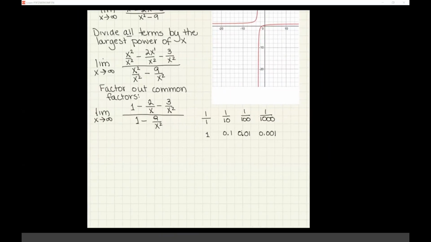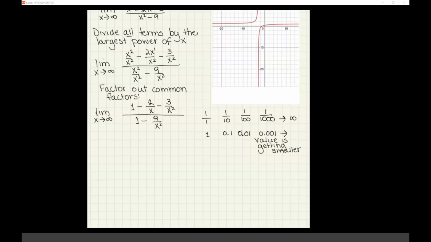What's happening as these get large? What's happening to the value of your fraction? As your denominator is getting bigger, what is happening to the value of the fraction? It gets smaller. Yeah, the value is getting smaller.